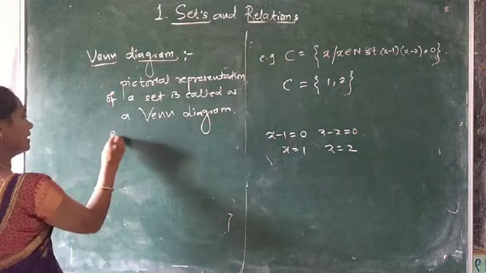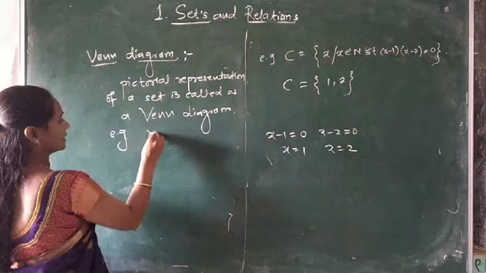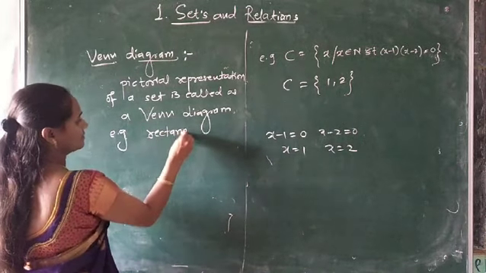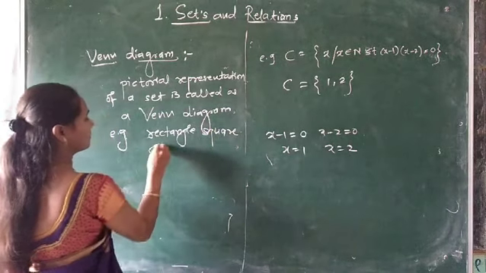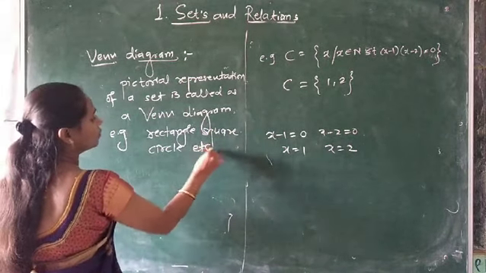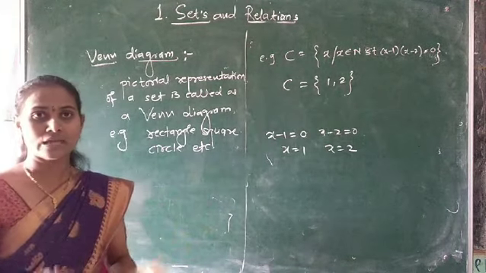So for example, we use some geometrical figures like rectangle, square, circle, etc. to represent a set. So these diagrams are called as a Venn diagram.